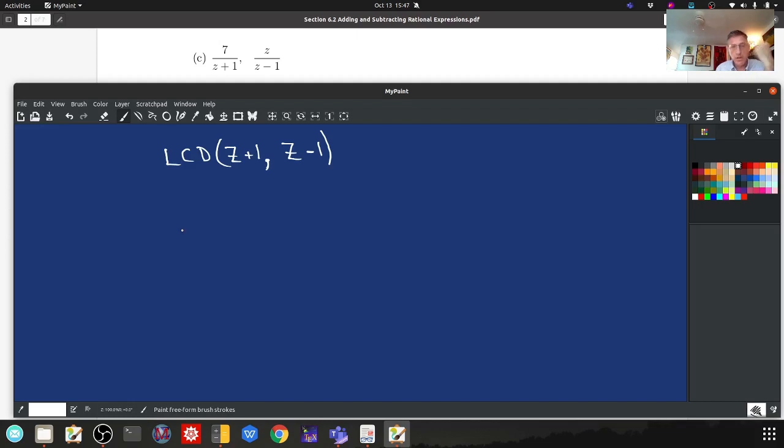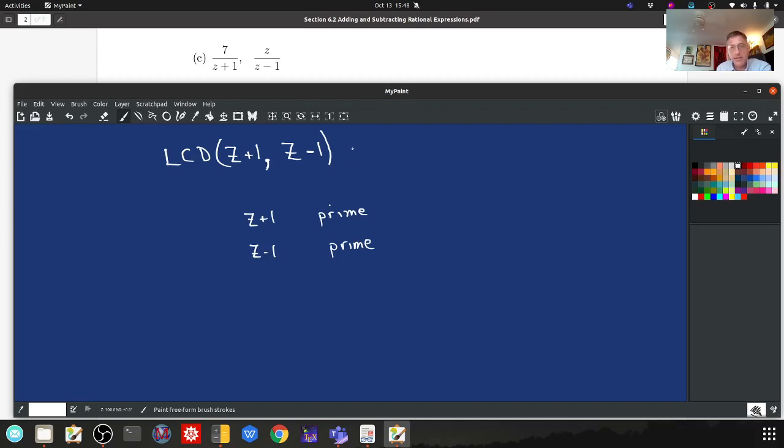So here we have 2z plus 1 is prime. How do I know it's prime? It's a linear factor, and the GCF of z and 1 is just 1. What about z minus 1? It's also prime. Why do I know that? Because the GCF of z and minus 1 is 1.